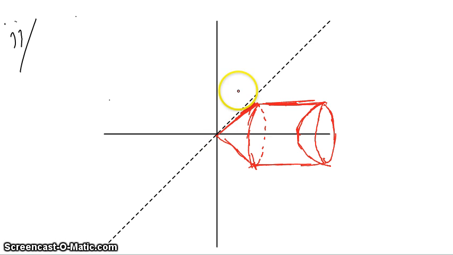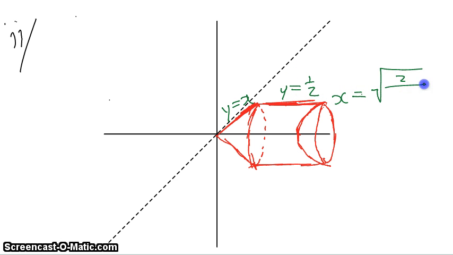So actually it looks sort of like a spinning top, as if you'd scooped one end out of it, right? So that's what it's going to look like, and of course there are our lines. This one here is y equals x, this is y equals a half, and this is of course x equals the square root of 2 divided by 1 take 2y squared.